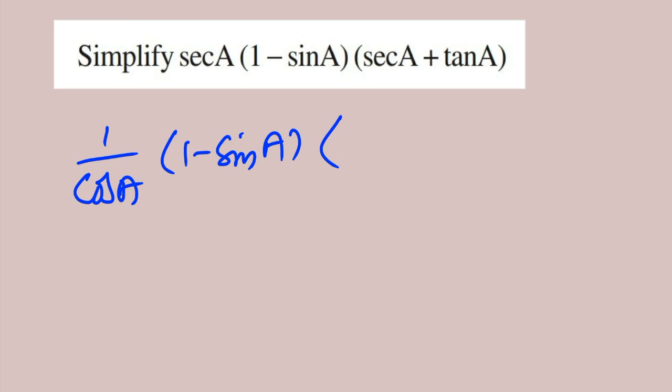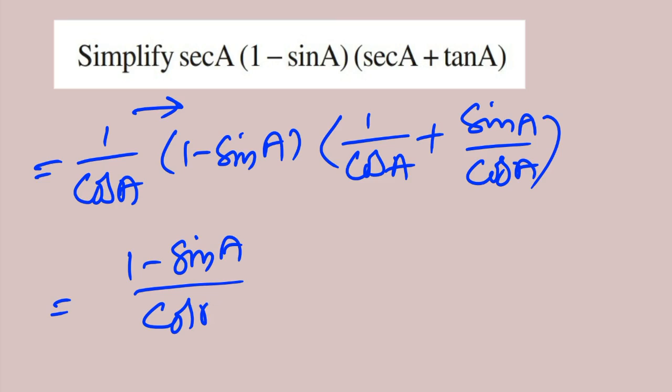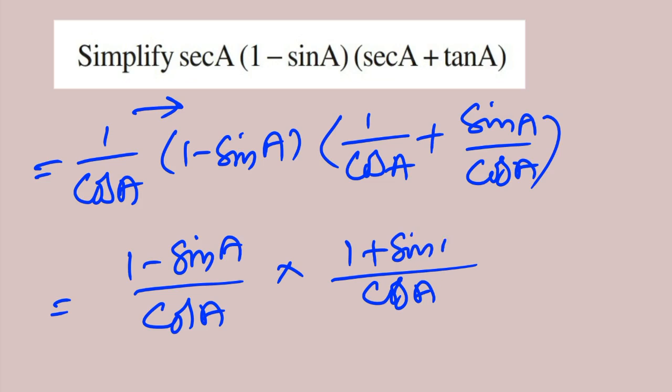Secant is 1 by cos A, and tan I can write as sine A by cos A. So after simplification, what I'll get here, I multiply these two, then 1 into 1 minus sine A, 1 minus sine A by cos A, and here I'll take the LCM cos A, and here 1 plus sine A.